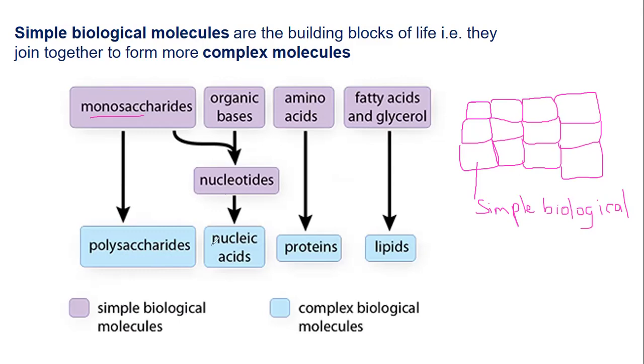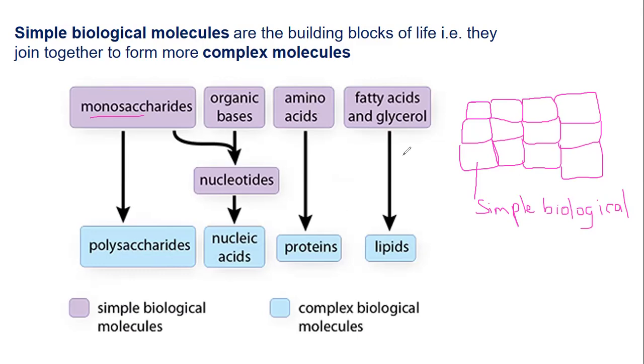When you look at nucleic acids such as DNA or RNA, they are made up of nucleotides. For nucleotides to be made, we have sugars, which are monosaccharides, and some bases joining to form these nucleotides. So simple molecules join so that they form a large molecule like a nucleic acid. Proteins are made up of simple molecules known as amino acids.